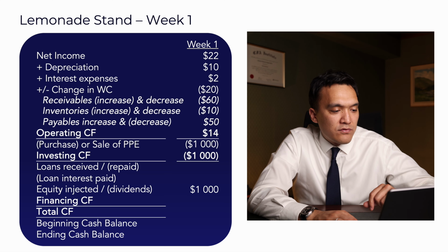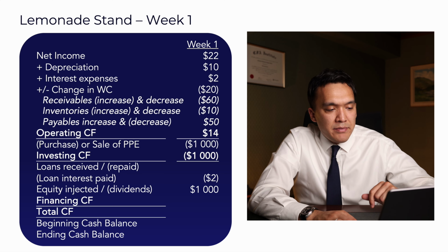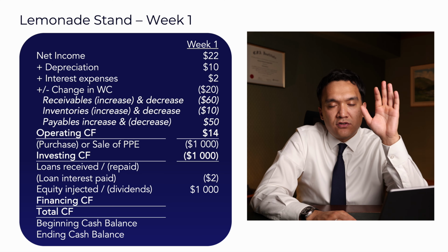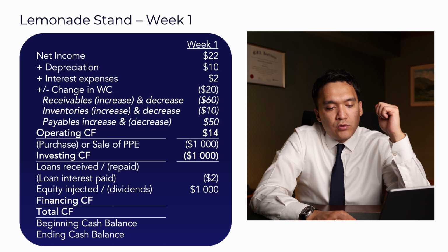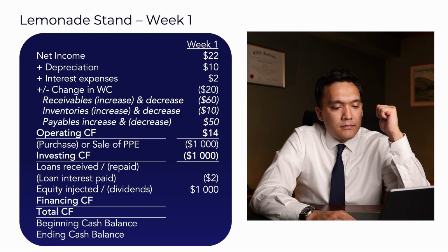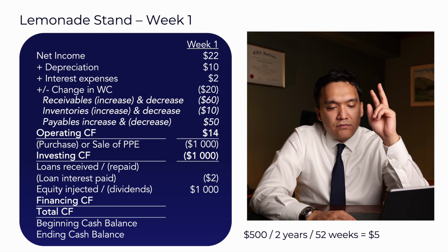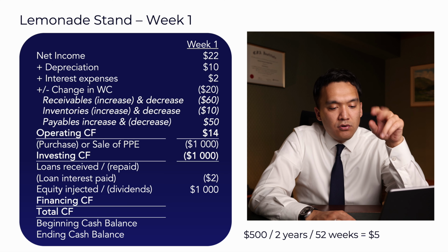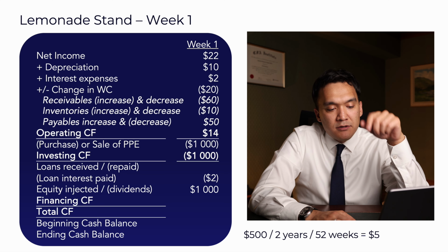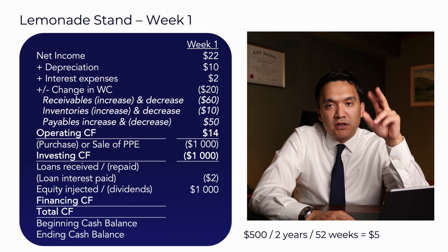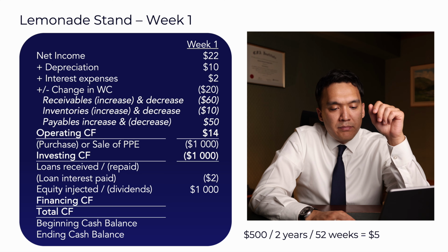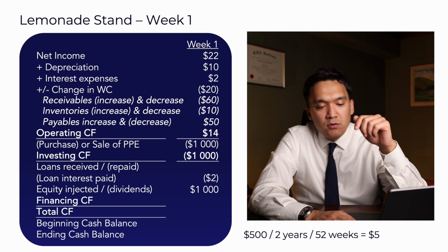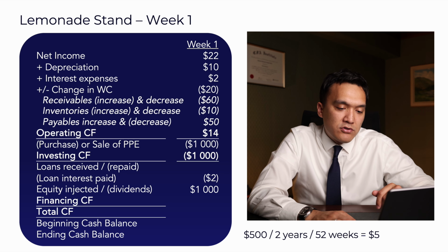We have $2 of interest paid, and to calculate loans received and repaid, we received $500 of loans, and we had to repay. To calculate repayment, we have a 2-year term of the loan and weekly repayments. So if we divide $500 by 2 years, we have annual repayment, and then if we divide annual repayment by 52 weeks, we have a weekly repayment of $5.